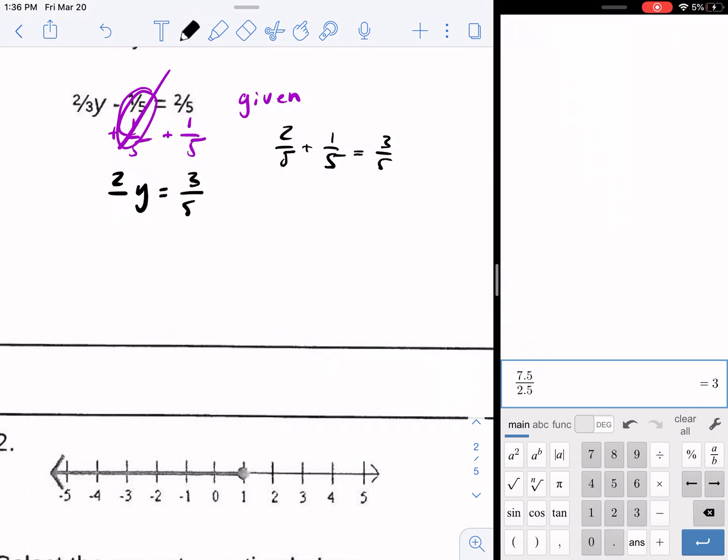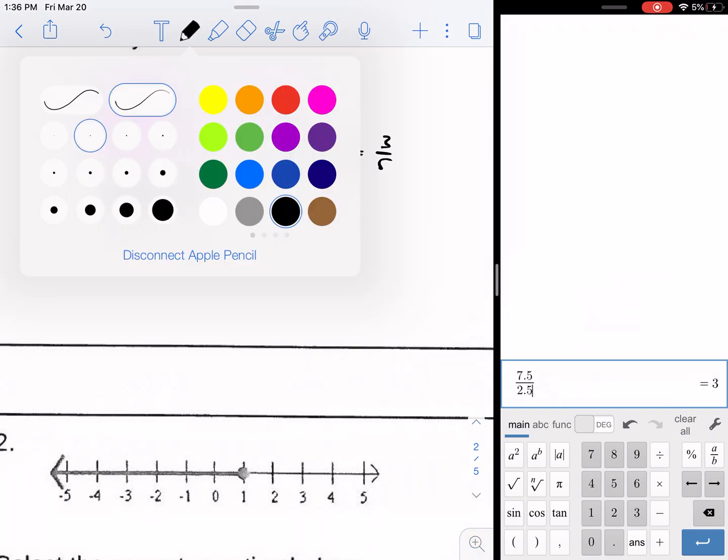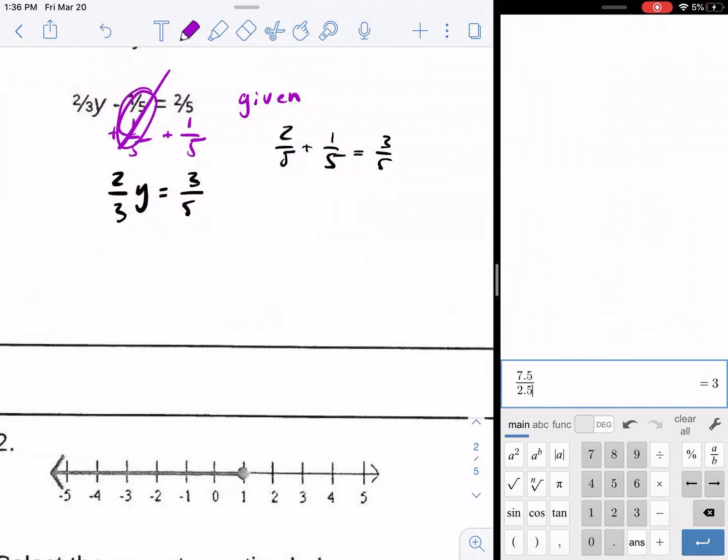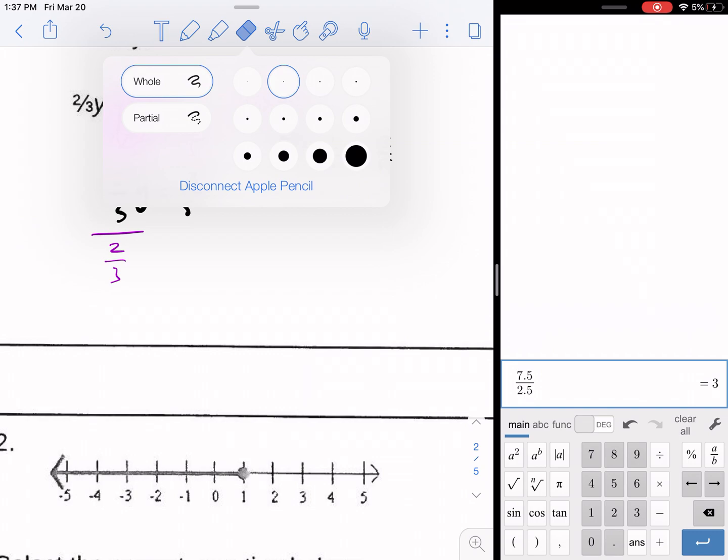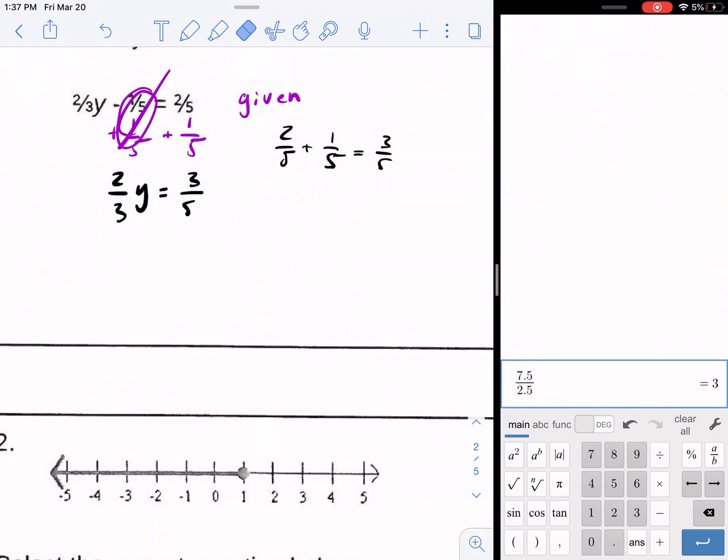Okay. Now, I need to get y by itself. How should I approach that? Now again, it's 2/3 times y. I could divide both sides by 2/3, but that looks funky. No, we don't want to do that. And you can. It'll be the correct answer. But instead of dividing by 2/3, I'm going to multiply both sides by something.